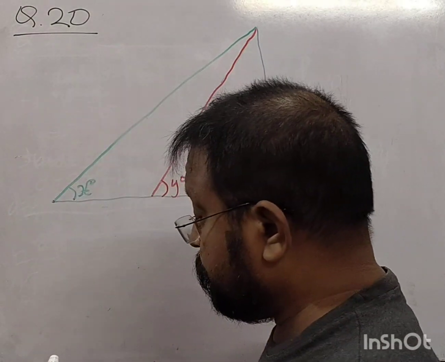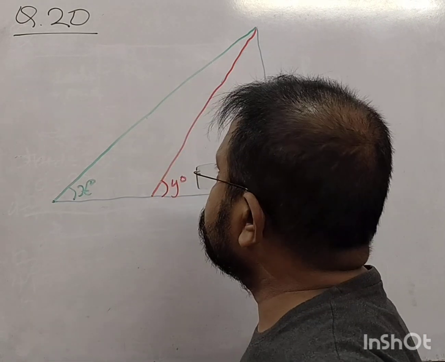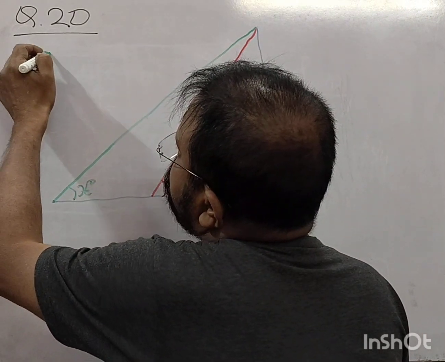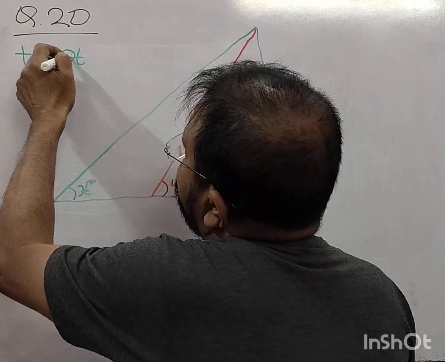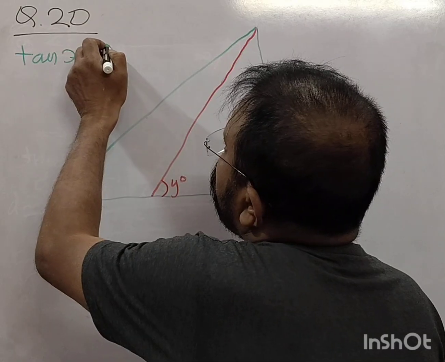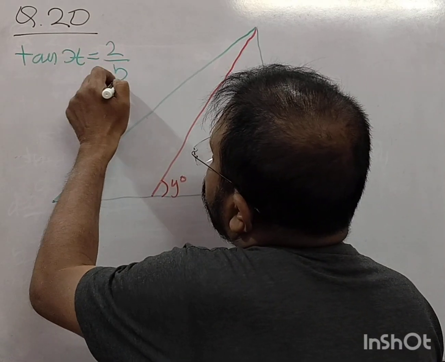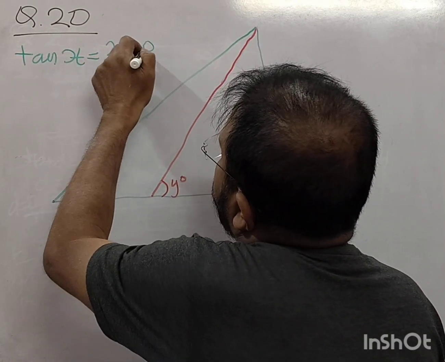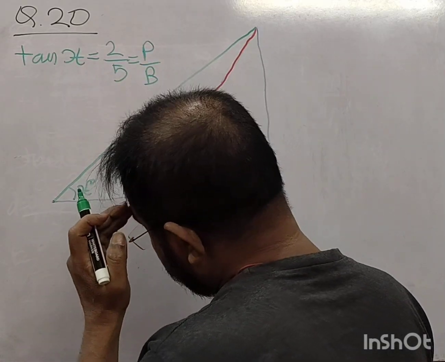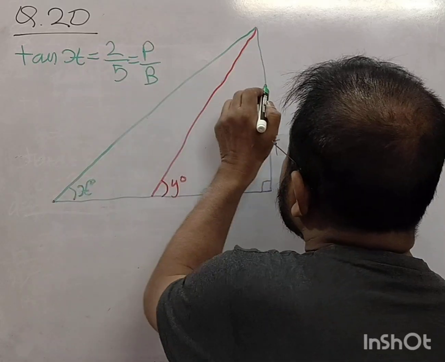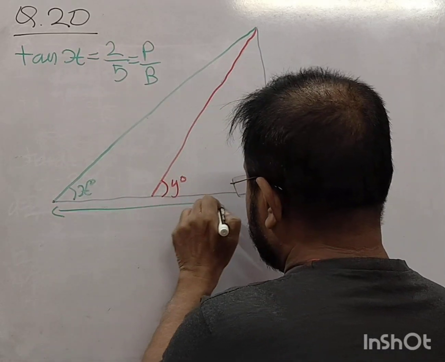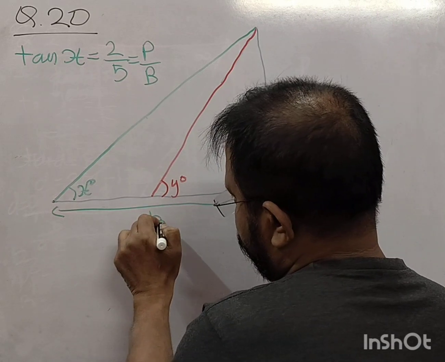Okay. Then what? tan x is given to you. tan x is how much? tan x is 2 upon 5. Means perpendicular upon base. Okay. So this is 2, and this whole is 5.